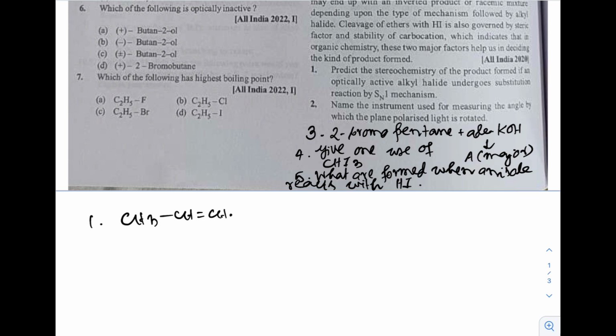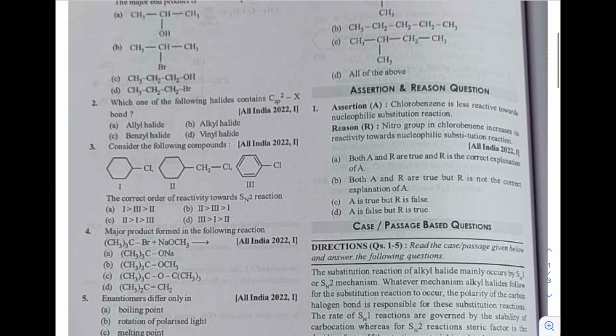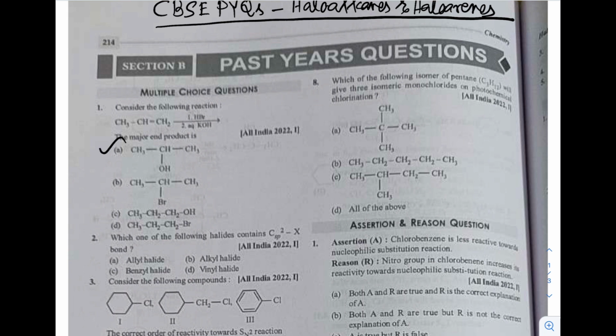CH3CH=CH2, when it reacts with HBr, simple Markovnikov addition will happen, this one, and then aqueous KOH will lead to substitution reaction. Ethanolic KOH will lead to elimination, but here aqueous KOH is given, so in substitution reaction Br will be substituted by correspondingly OH. So this will be the product. So option A is the correct answer.